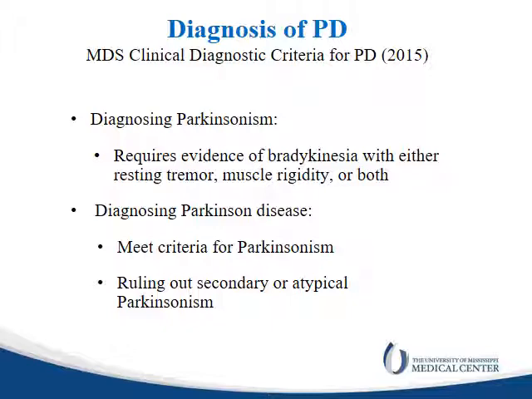After you make a Parkinsonism diagnosis, the next step is to rule out other secondary or atypical Parkinsonism that may contribute to the patient's Parkinsonian symptoms in order to finally make a Parkinson's disease diagnosis. As you can see, Parkinson's disease diagnosis is a diagnosis of exclusion. You have to rule out other conditions that may cause similar features in order to call it idiopathic Parkinson's disease.